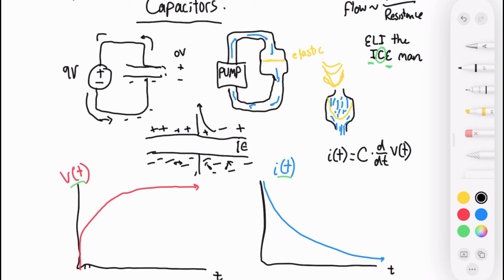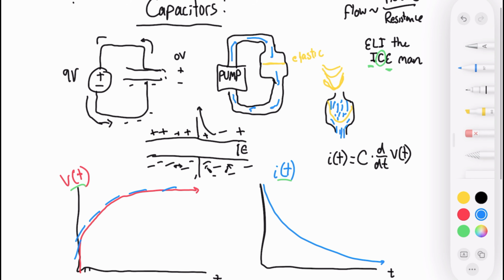So as the voltage across the capacitor starts to level out, if you look at this tangent line at any given point, what you're going to start seeing is it starts out pretty big, which is what we see here. But then as time goes on, as it becomes harder and harder to add additional electrons to the plate, this starts flattening out and you start going down to zero. So this is exactly what you see.